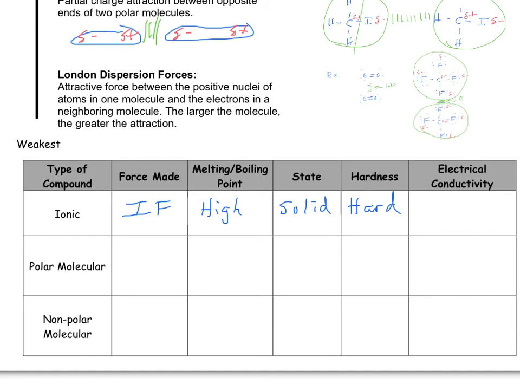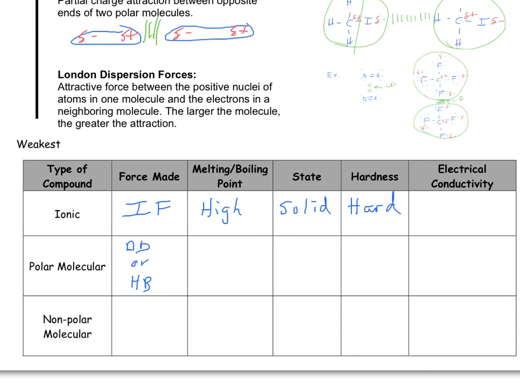Here are the answers. Polar molecules have slightly positive and slightly negative ends. That means that two polar molecules can attract each other through dipole-dipole attractions. Or, depending on if they have the right combination of atoms, if they contain a nitrogen, a fluorine, or an oxygen with a hydrogen directly attached to one of those, then it can form hydrogen bonds. Both of these forces are kind of medium strength.